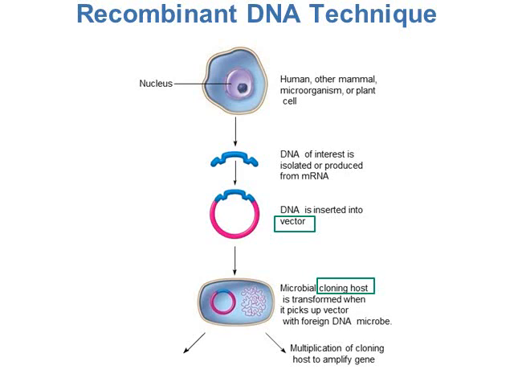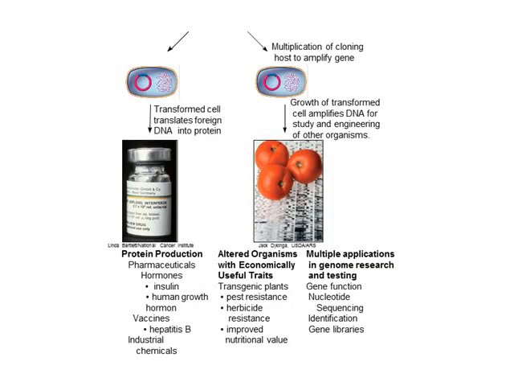So now our vector, our little piece of DNA that has our DNA of interest in it, is inside of our cloning host. That cloning host then goes through binary fission, so that bacteria cell is going to replicate itself. So it's going to clone or amplify that gene of interest. And once your bacteria clones itself, the cell can actually express that piece of DNA.